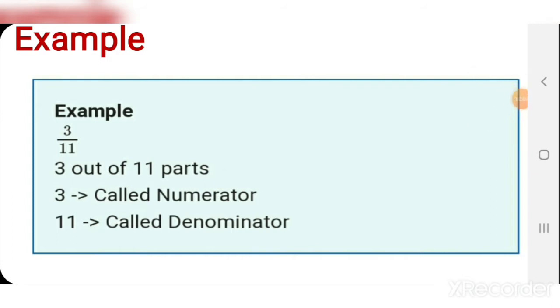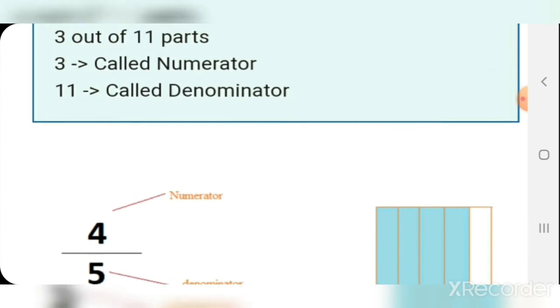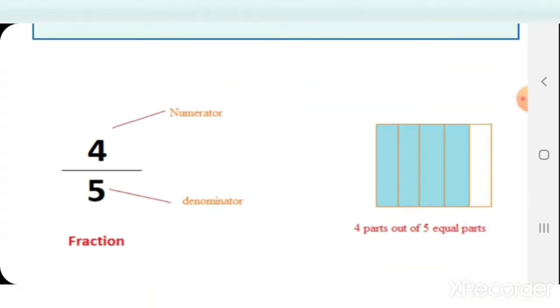This you have already learnt in class 5. Look, here 4 parts out of 5 equal parts. So 4/5. This one is the fraction. Which is the numerator? 4. 4 is the numerator and 5 is the denominator.